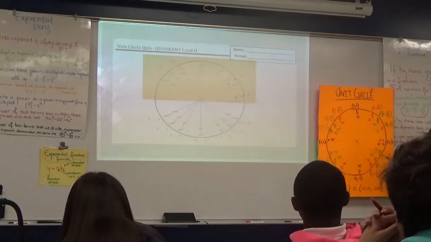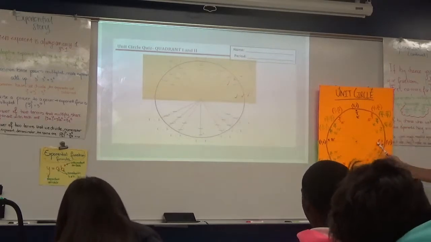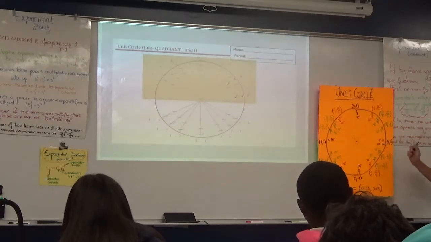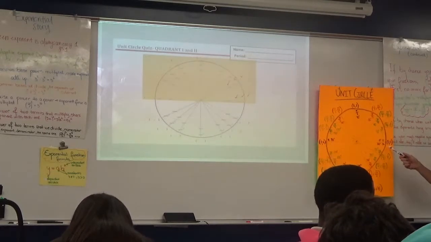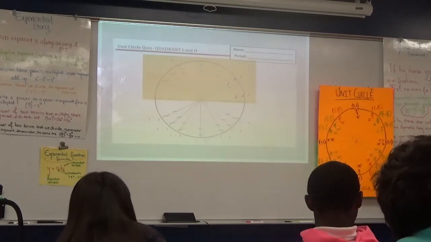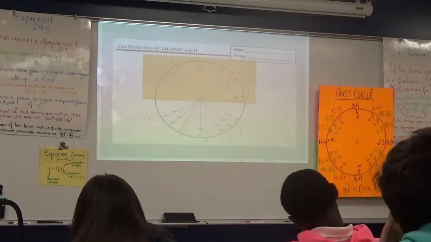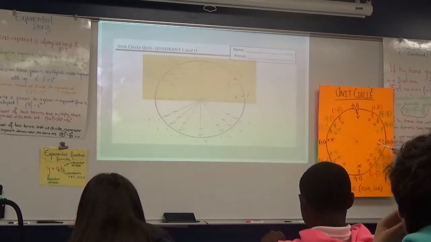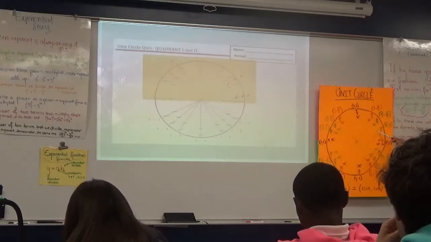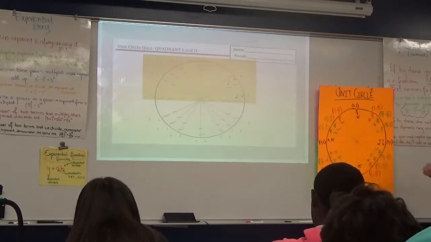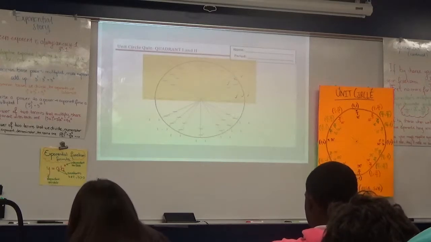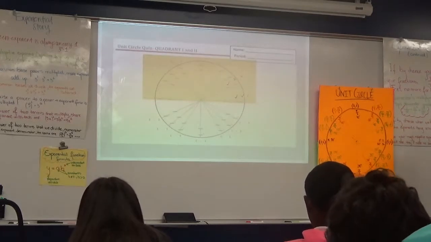Here we go. First up, we've got 0, and the point is 1, 0. 0 degrees is 0 radians, 1, 0. Next up, 30 degrees, pi over 6 radians, root 3 over 2, comma, 1/2.